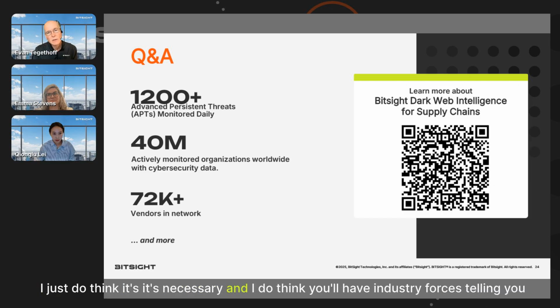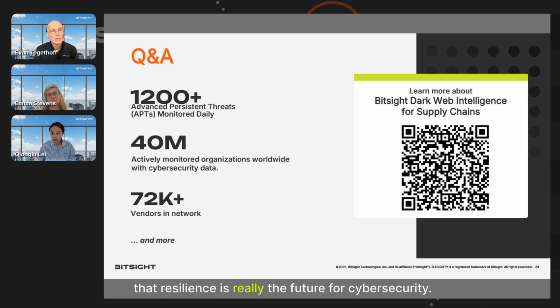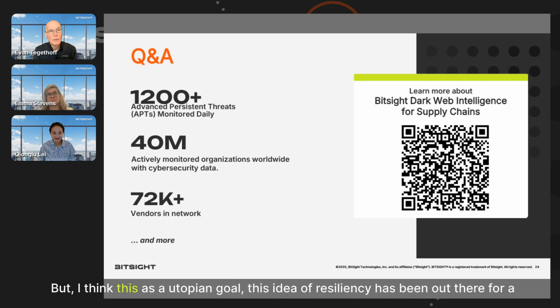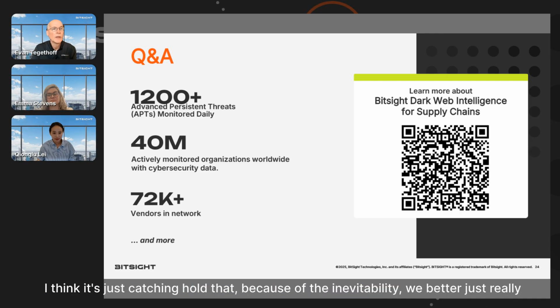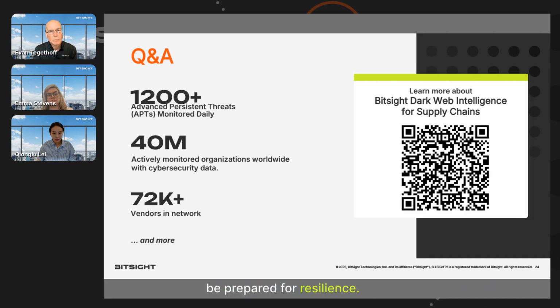I just do think it's necessary, and I do think you'll have industry forces telling you that resilience is really the future for cybersecurity. I've been in cybersecurity, I wouldn't even say how long, but I think this idea of resiliency, as a utopian goal, has been out there for a very long time. It's not a new concept. I think it's just catching hold because of the inevitability, we better really be prepared for resilience. Absolutely.